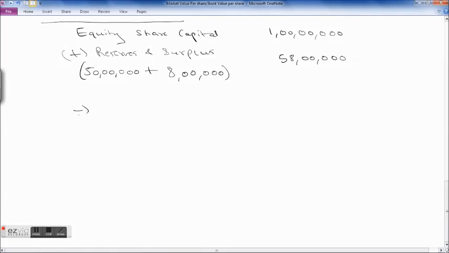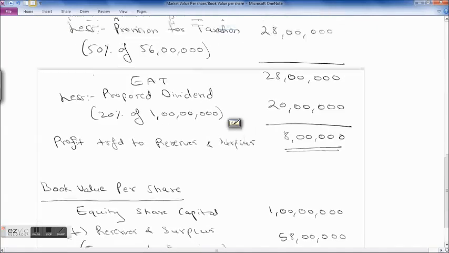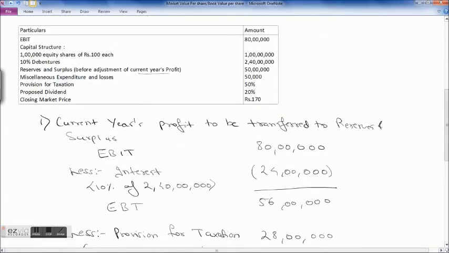Minus miscellaneous expenditure and losses, which is 50,000.